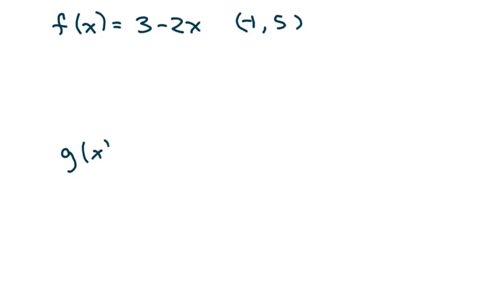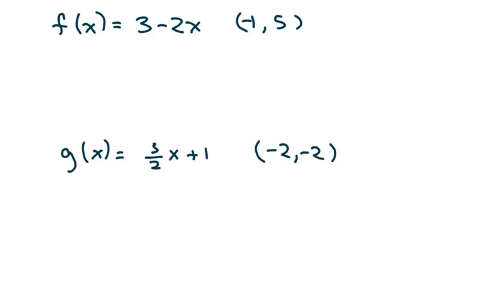Real quick, we're going to do two that are linear. So if we have a linear function 3 minus 2x, and we want it to be at the point negative 1, 5, and we also have another one. We have g of x equals 3/2 x plus 1, and we want that to be the slope at negative 2, negative 2.